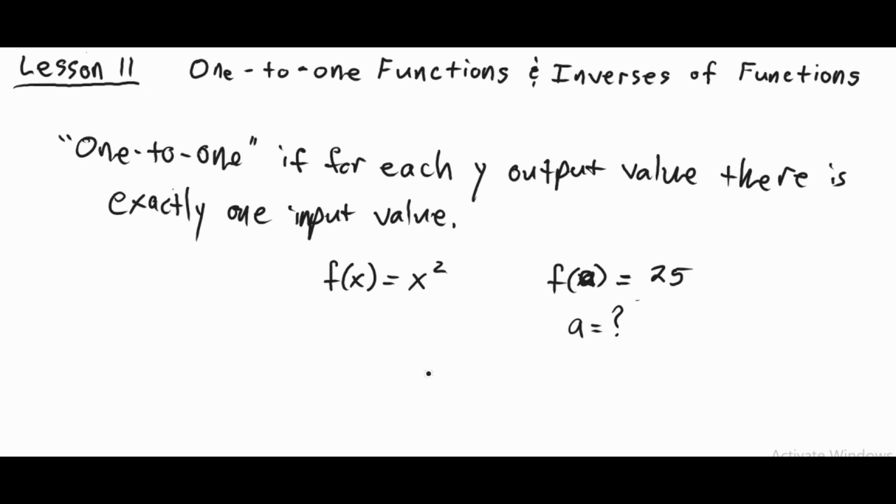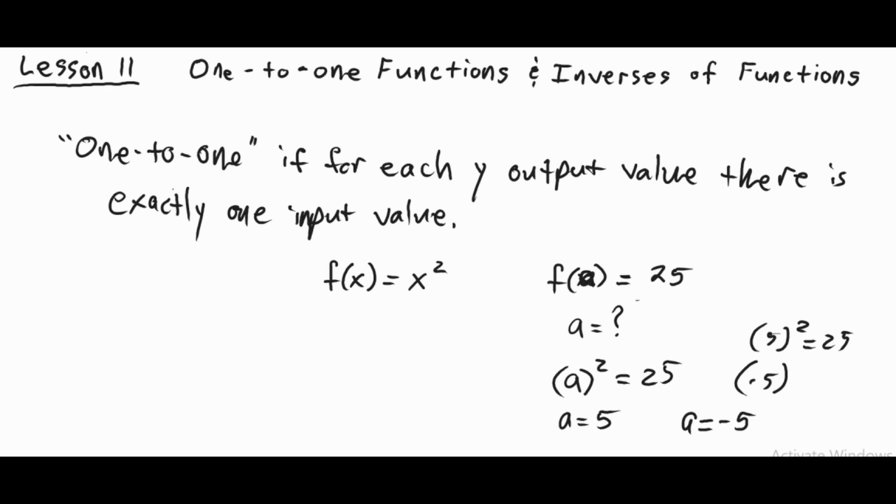All right, so what we're saying here is, what value squared equals 25, okay? Well, we know that if a was equal to 5, then 5 squared is equal to 25. But we also know that negative 5 is a possibility. We know that 5 squared equals 25, and we also know that negative 5 squared is equal to 25, okay?